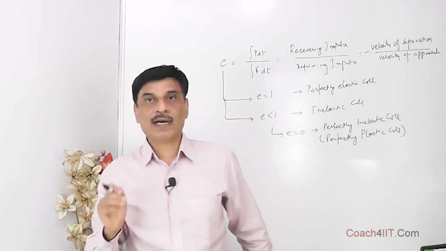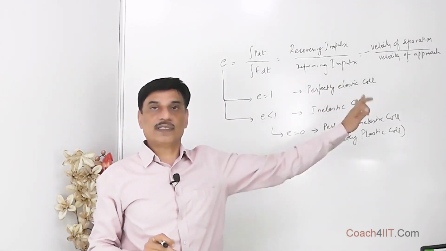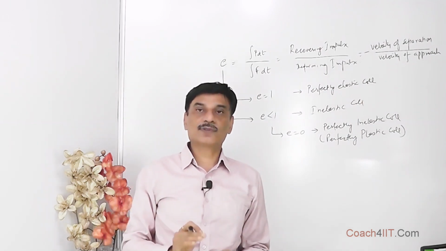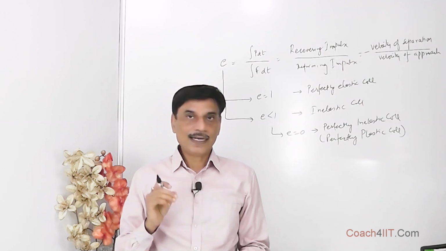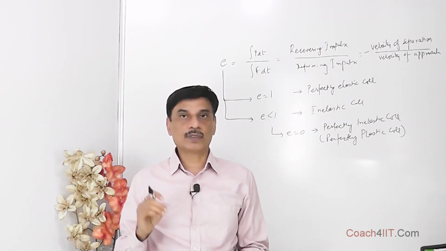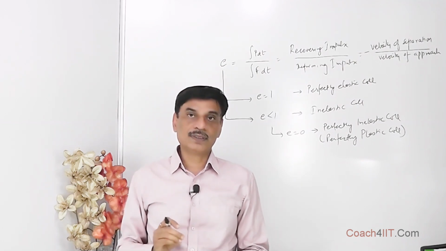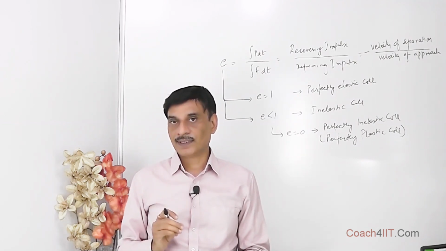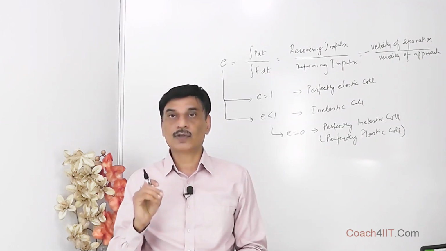Why the minus comes is through the derivation only. That is, e is equal to minus velocity of separation by velocity of approach. And one thing to understand, when you talk about the velocity of separation or velocity of approach, remember this is very, very important, they are along the common normal.